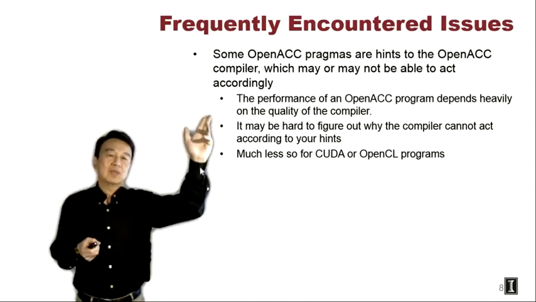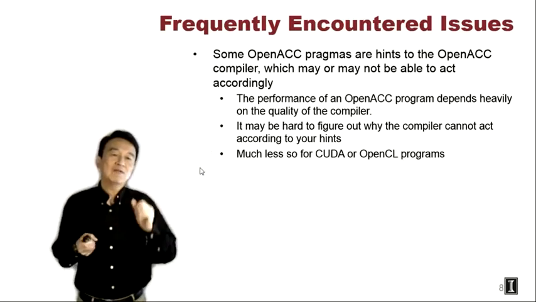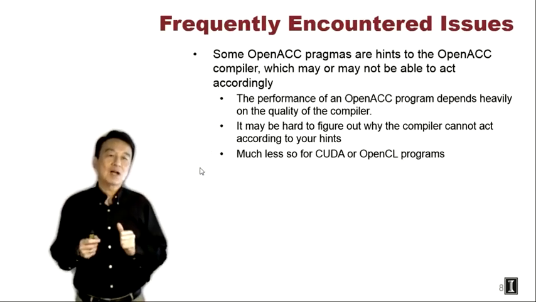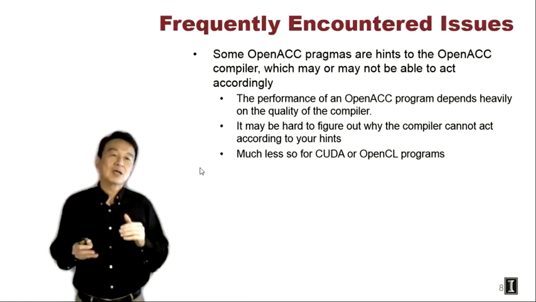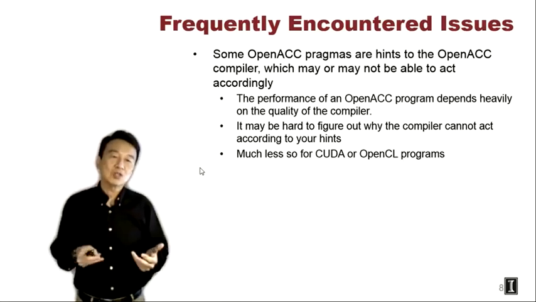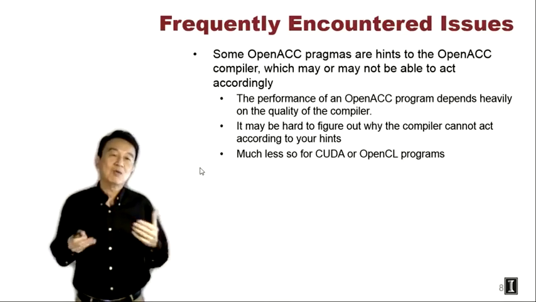Whenever the compiler fails to follow these hints, the performance of the OpenACC program can vary dramatically. In fact, in some cases, the compiler may just generate sequential code, and then the performance can be much, much less than what we expected.